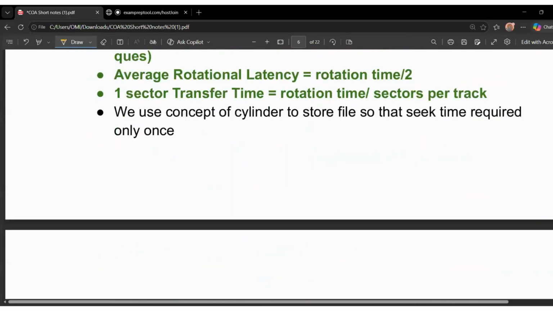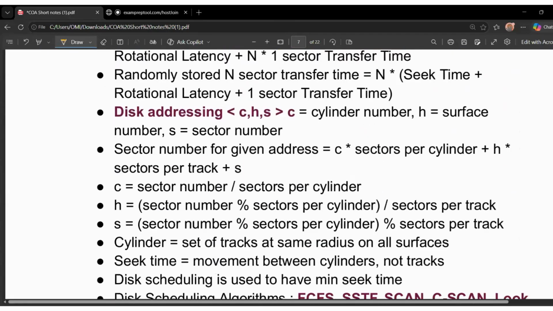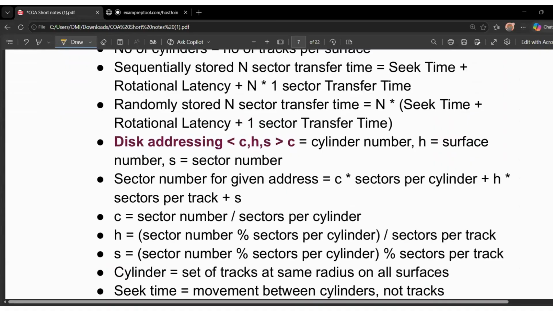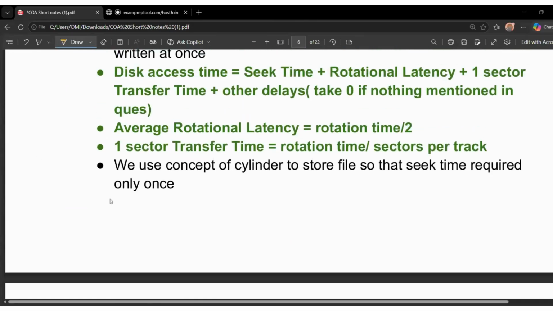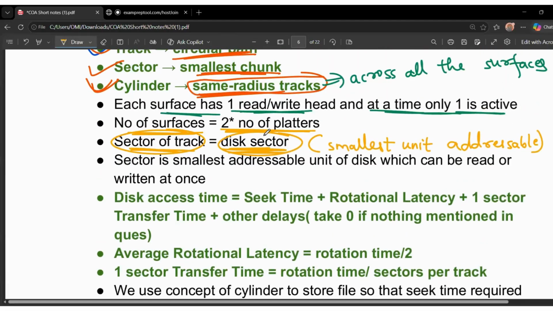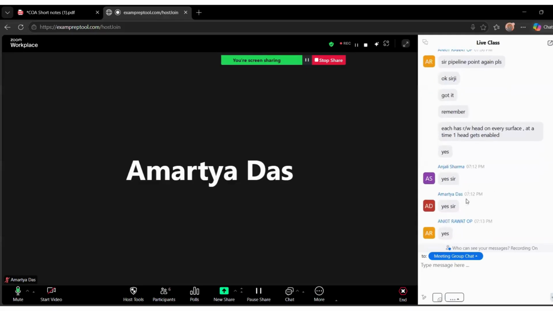So each sector will have an address. You can add one point here also, that each sector has an address because each sector is addressable, right? Here I have written sector is the smallest addressable unit which can be read or written at once.